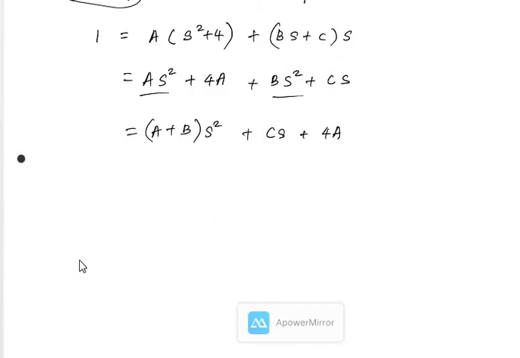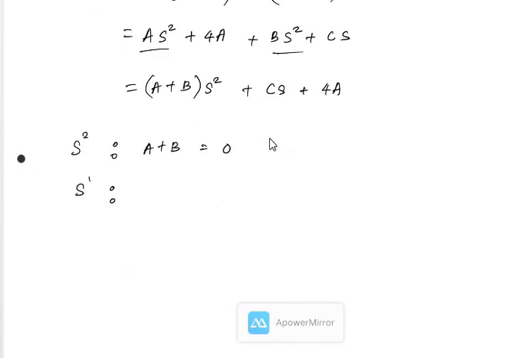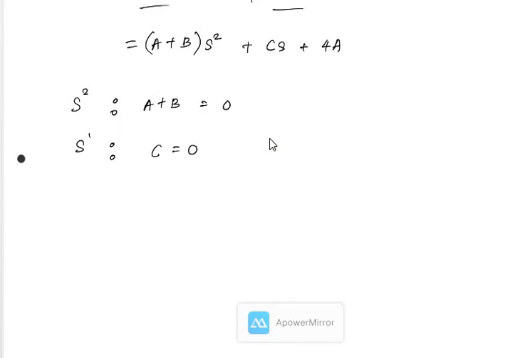Now, by comparing the coefficients and solving the resulting system of linear equations, we compare s to the power of 2. We have a plus b equal to 0, because on the left hand side we don't have anything. For s to the power of 1, we have c only, and the left hand side also has nothing, so c equals 0.